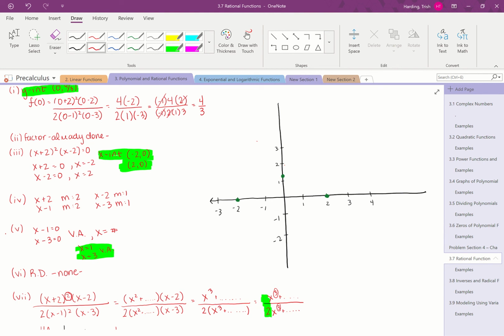I will do that in red. Vertical means up and down, so I'm going to have a vertical line, which is the asymptote, at x equals 1, and then another vertical asymptote at x equals 3.